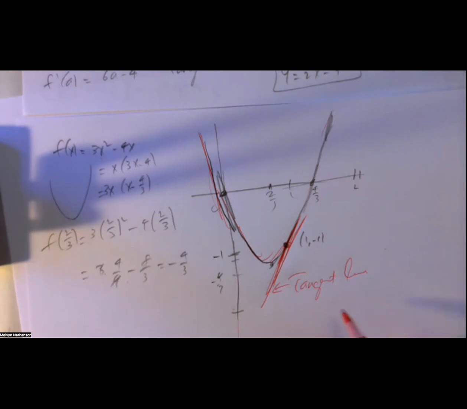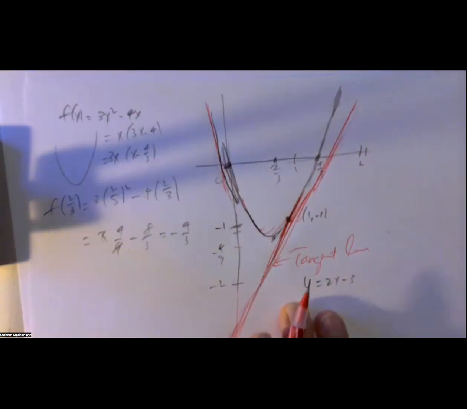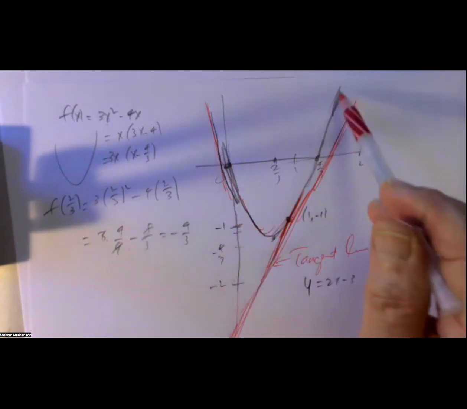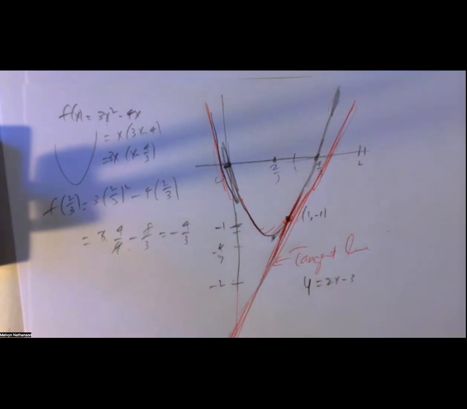Let's see. Y is, no, 2x minus 3. That's better. Tangent line is y equals 2x minus 3. That's the tangent line. So we started with this function, 3x squared minus 4x, and I wanted to find the equation of the tangent line. And there it is.